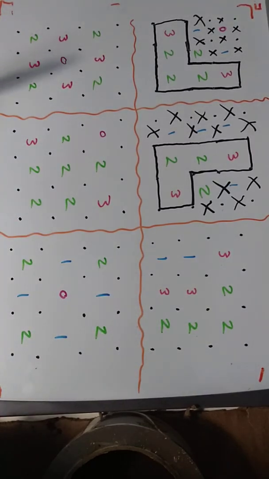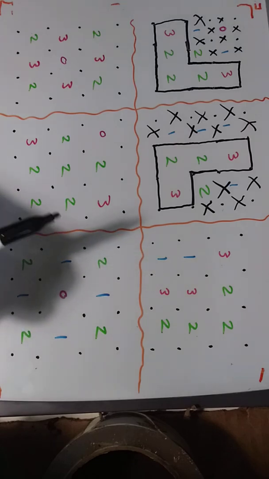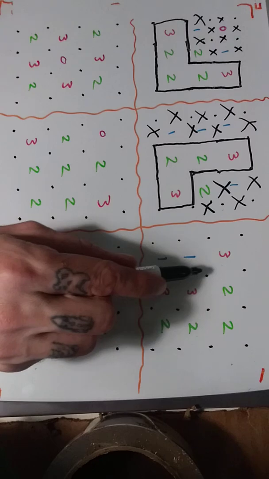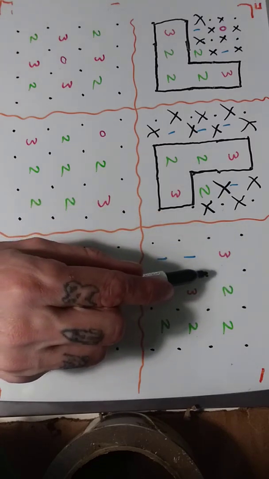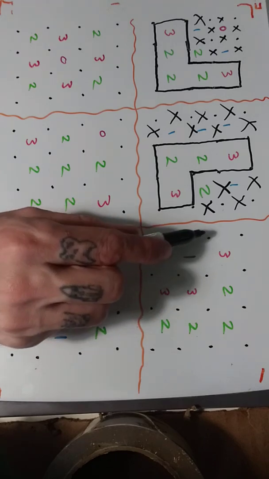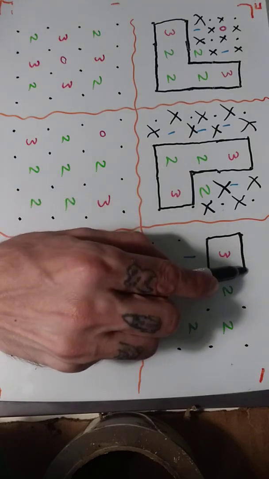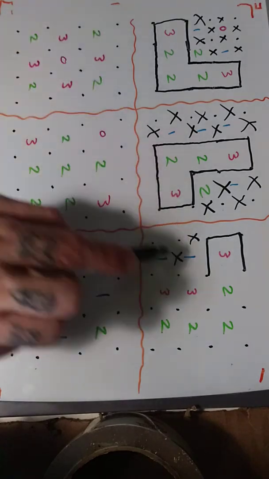So the third one, let's see, we can start, this needs 3. We leave the bottom open. No, not what we need, so let's go this way. And we have 1 there.